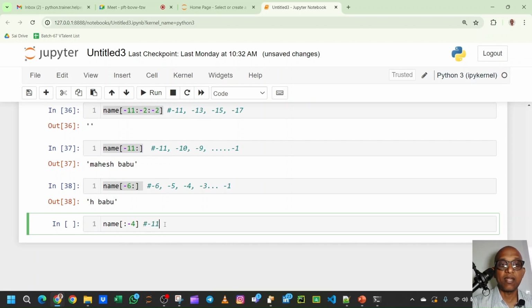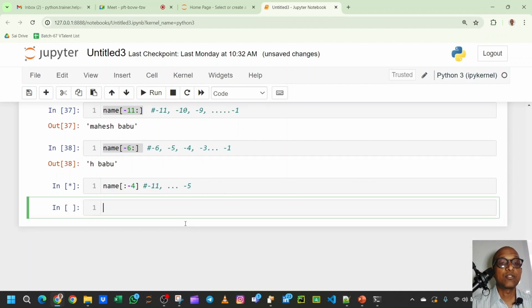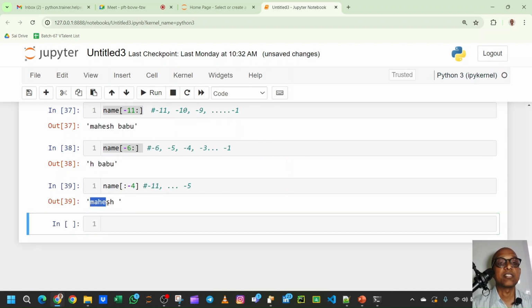It is going to start with -11, -10, -9, -8, and so on till -4 or -3. Yes, -5, not -3. Clear? So now it is going to get the values of MAHESH minus till -5.